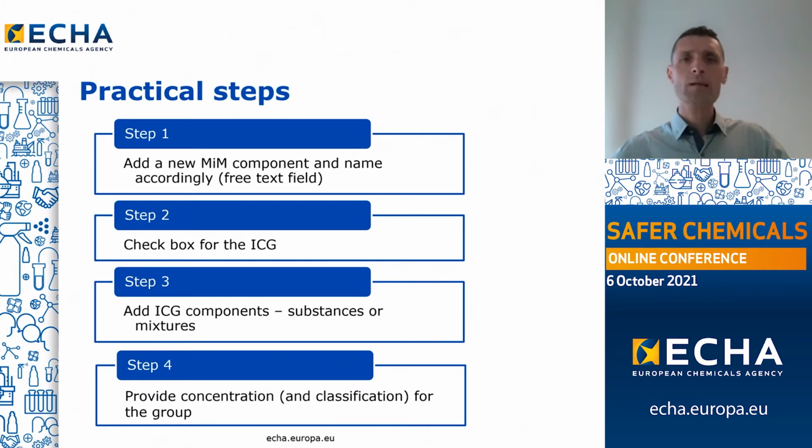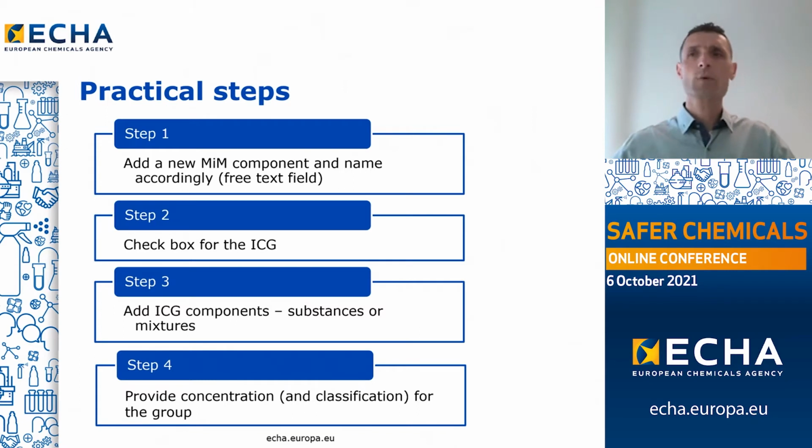From a practical point of view, I will show you the main steps, which is basically adding a new mixture component in the final mixture composition, naming it, checking the box for ICG, then adding one by one each single interchangeable component within this group, and each component has to be identified as per the standard rules.